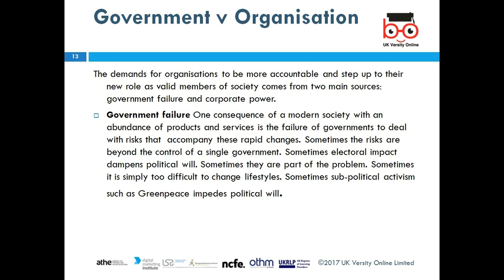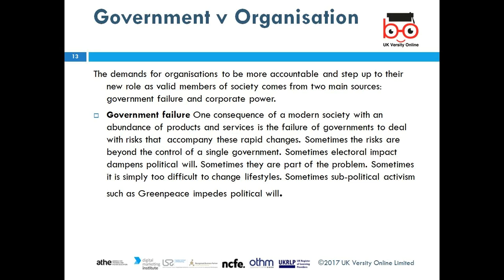The company is rapidly changing. Sometimes the risks are beyond the control of a single government. Sometimes the electoral effect depends. So we need to look at all of these.